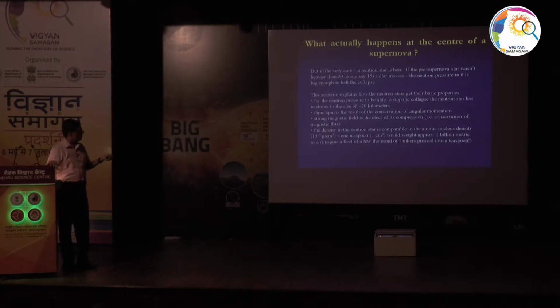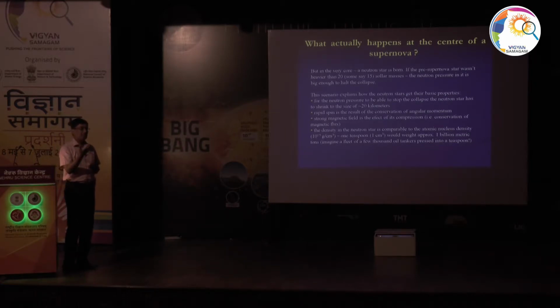Okay, so when you do this, the star which is originally spinning, even the sun is spinning just like the earth is spinning at some slow sedate rate, becomes a much faster spinning star, so much so that the rate of spin can become once in a second. Now, once in a second is very fast, right?